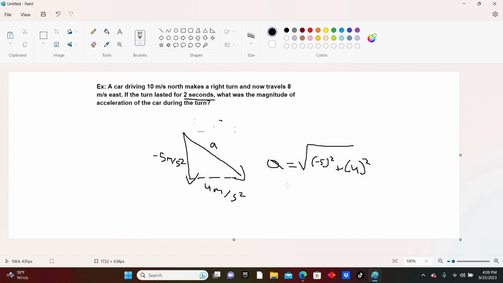If we plug this into a calculator or do it mentally, however you want to do it, we should get 6.4 meters per second squared as the answer.